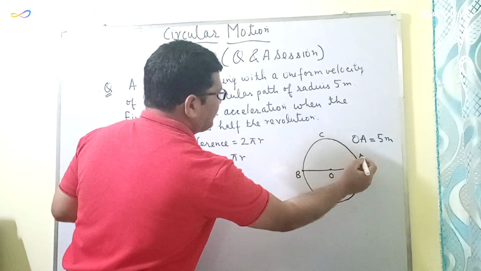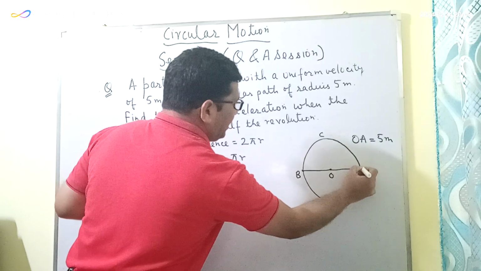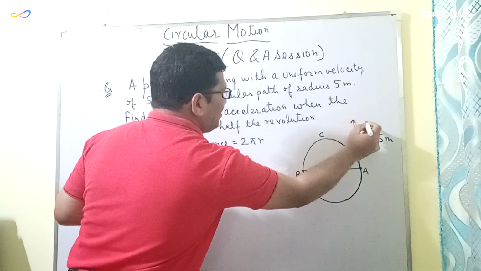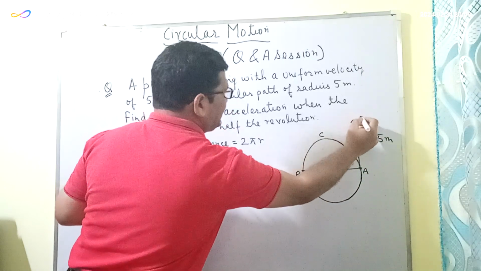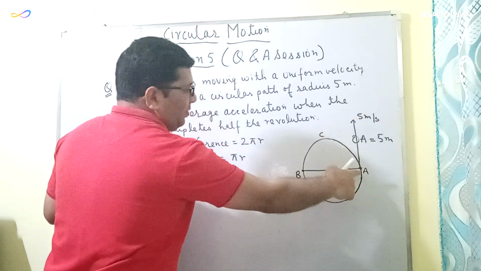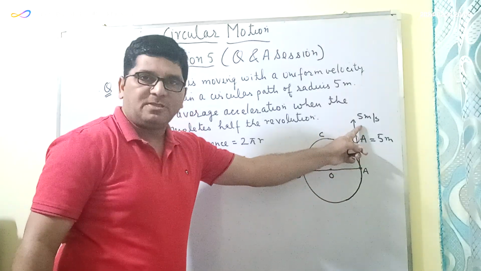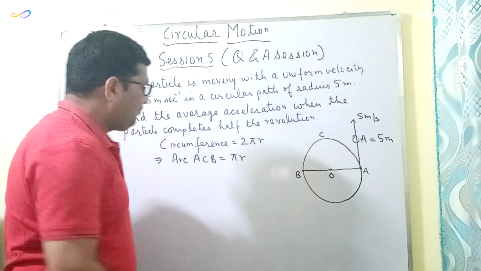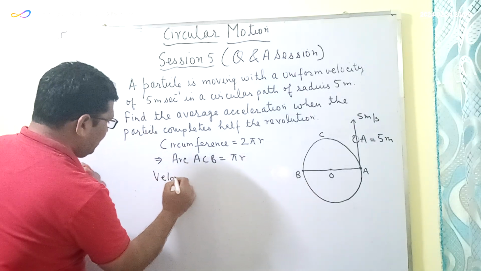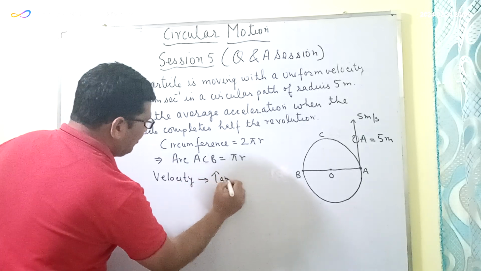So now here the particle is moving with a uniform velocity of 5 meter per second in a circular path of radius 5 meter. Let us say the particle is at this point A. Since it is moving with a uniform velocity of 5 meter per second, the velocity of this particle at point A will be directed along this arrow, that is, the tangential velocity.